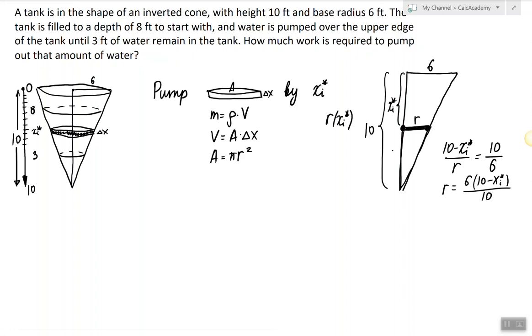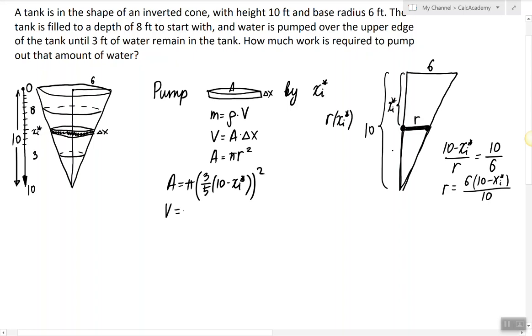And now I can easily find the area of the cross section and set up the integral for finding the work. So area is equal to pi, simplifying 6 over 10 as 3 over 5, 10 minus xi star squared. That's the area of the cross section.